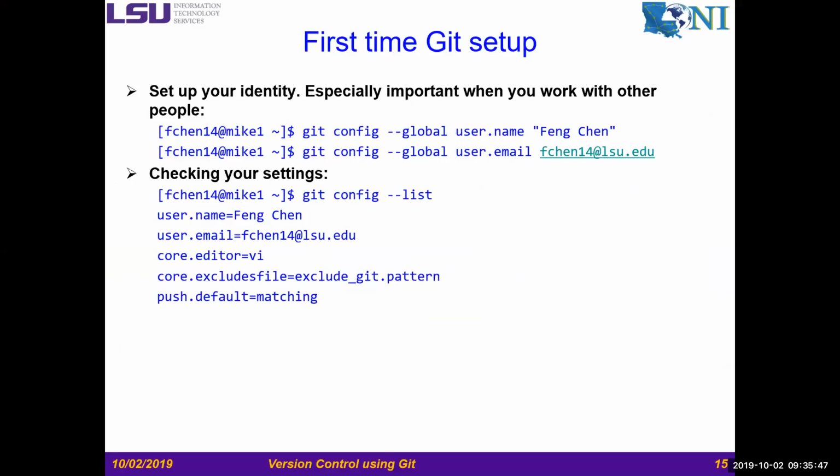It asks you to set up your identity. Since Git tracks the changes from everybody, it is important for you to identify yourself if you want to use Git. If you don't identify yourself, Git will refuse to work.